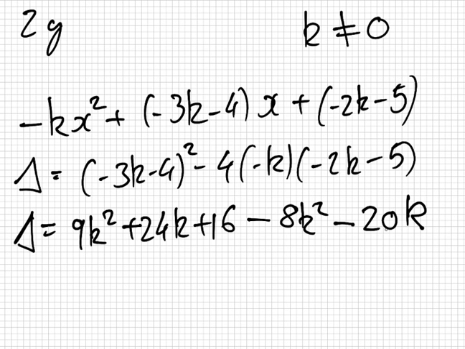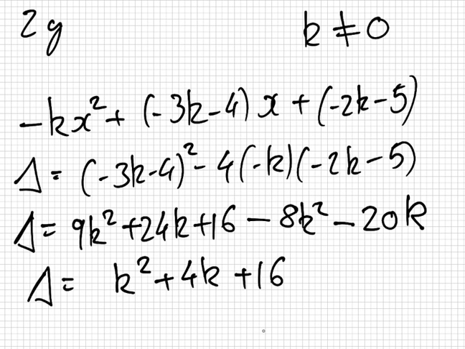So when I open the brackets, when I expand, I'm left with this, which simplifies to k squared plus 4k plus 16, which will equal k plus 2 squared plus 12.